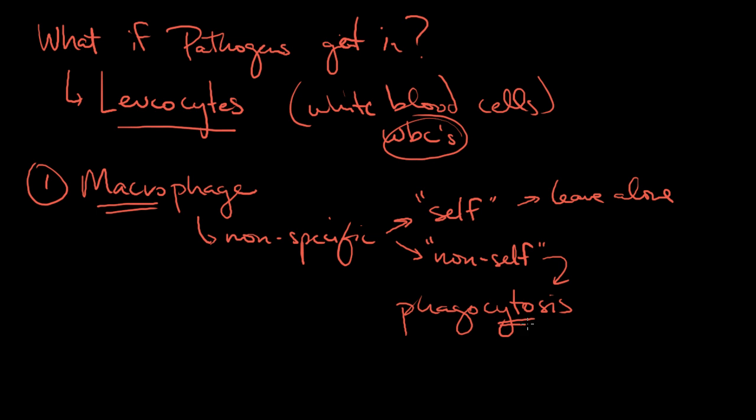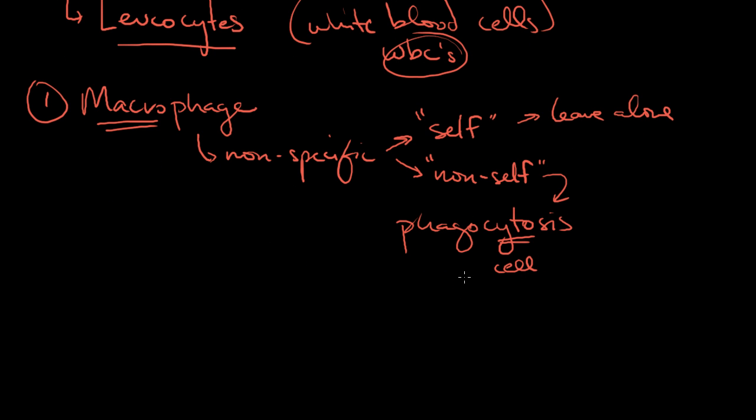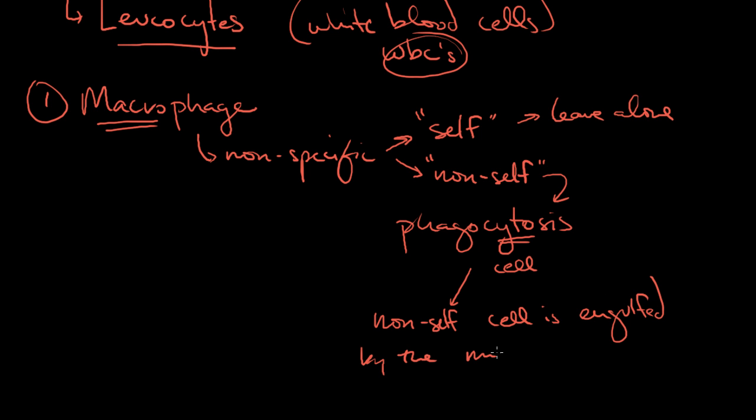Cyto refers to cell, and so what this really means is that the non-self cell is engulfed by the macrophage. So it has to go inside of this large cell.